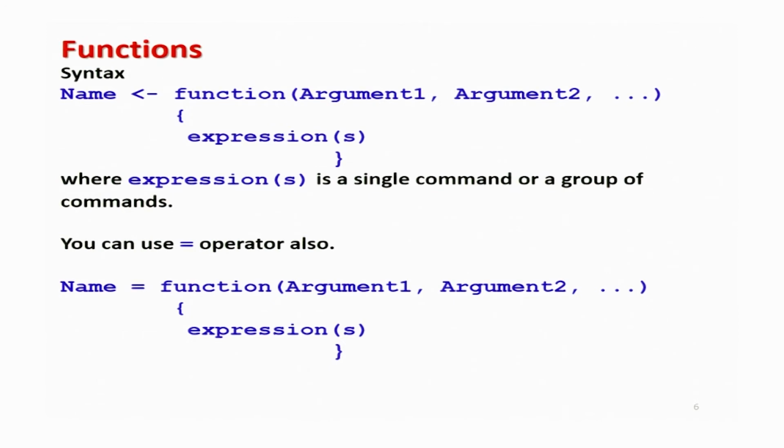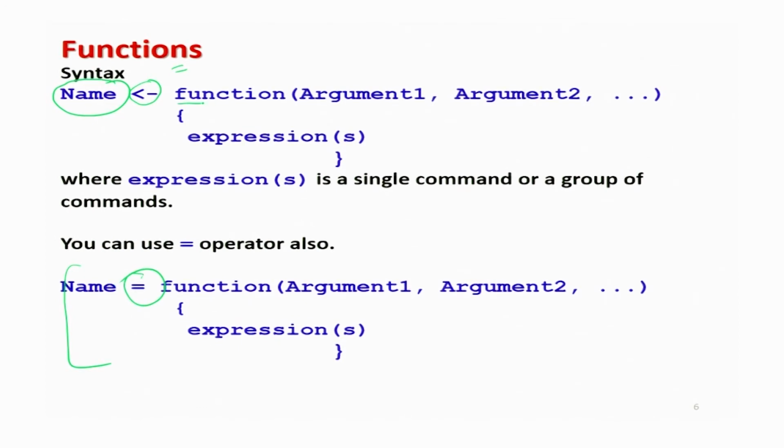So, as I explained, the structure of writing the function is like this: first you give a name to the function, and then you write the assignment operator. You can use this operator or you can use this operator also. You can see I have given it at the bottom of this slide, the same thing with the equality operator.